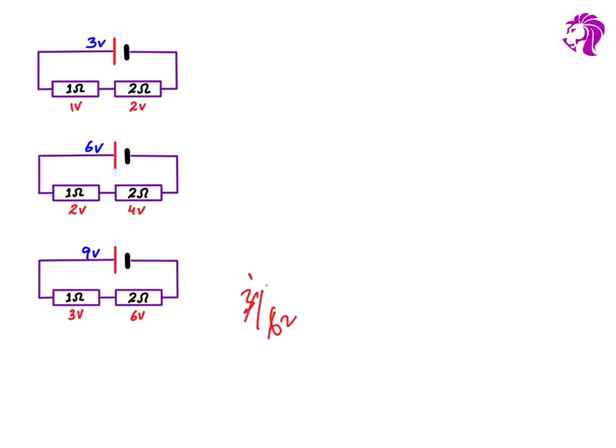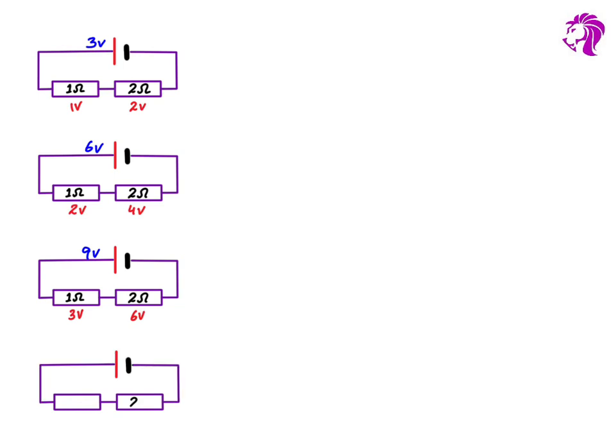Right? Okay. And then you have these two resistors once again, 2 ohms and 1 ohm, but this time you have 12 volts. Can you guess what would be the voltage across 1 ohm and what across 2 ohms? 6 and 2, I think.